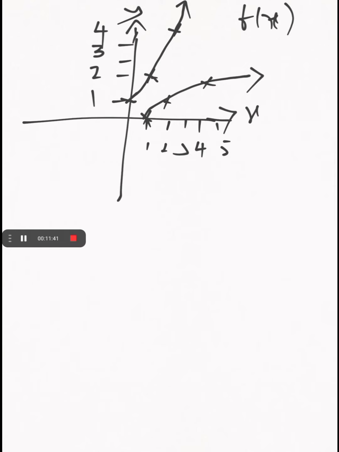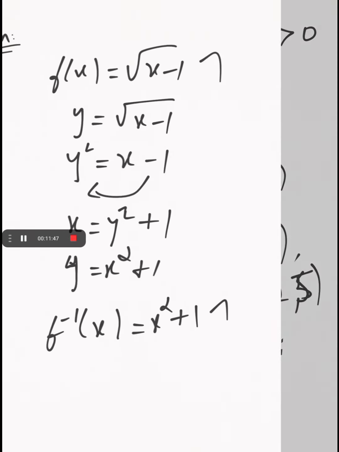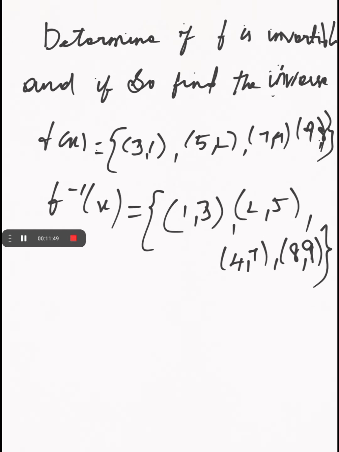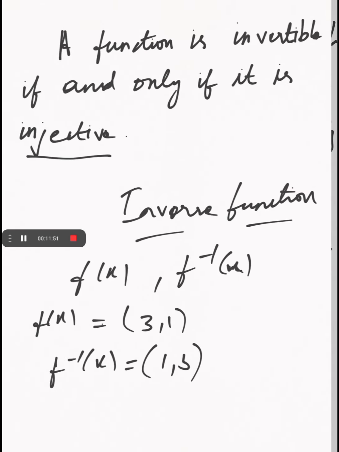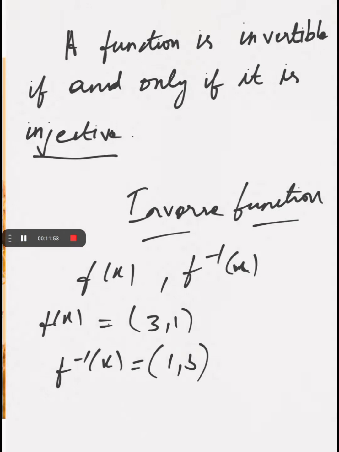In this video, I will explain with another example. I just once more recall everything. Inverse function. Every invertible function is injective and every injective function is invertible. Invertible means it must have an inverse. Injective means one-to-one function.